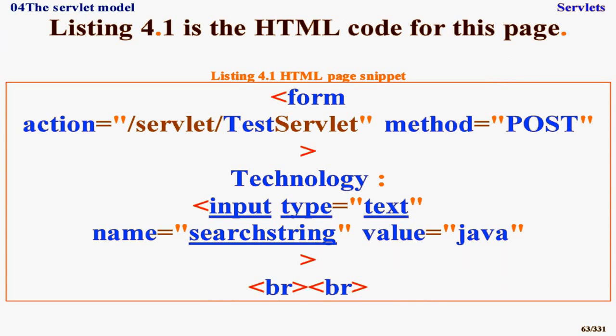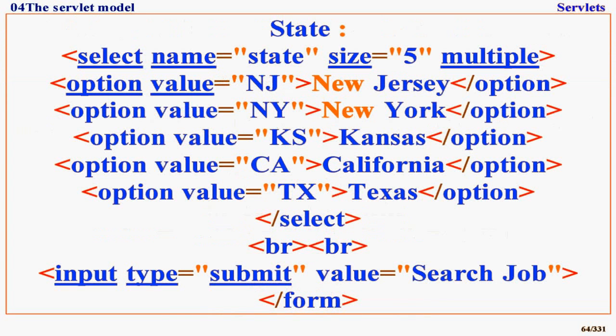Form action=Servlet.TestServlet method=post. Technology. Input type=text name=searchstring value=Java. BR. State. Select name=state size=5 multiple. Option value=NJ, New Jersey.